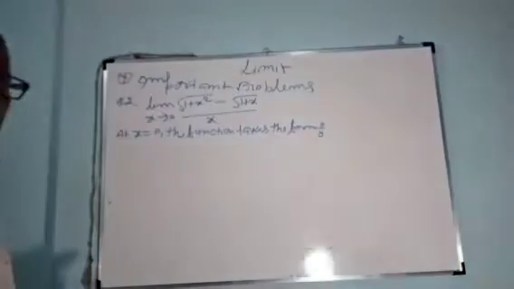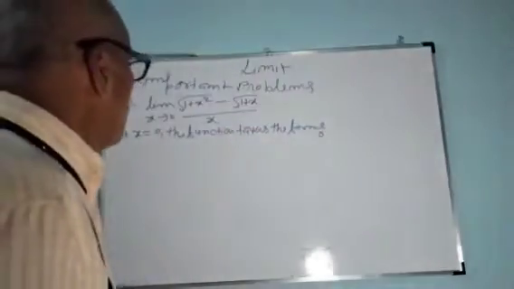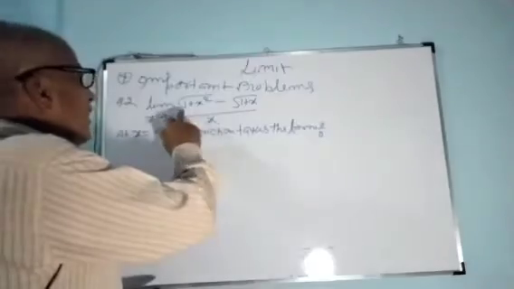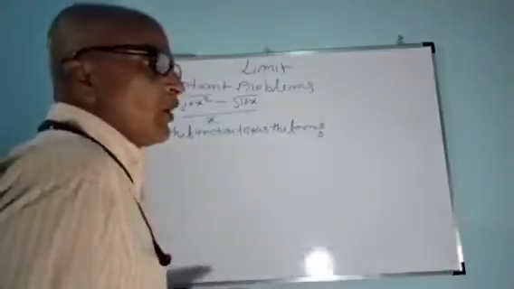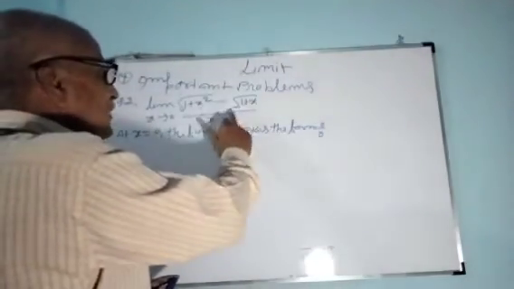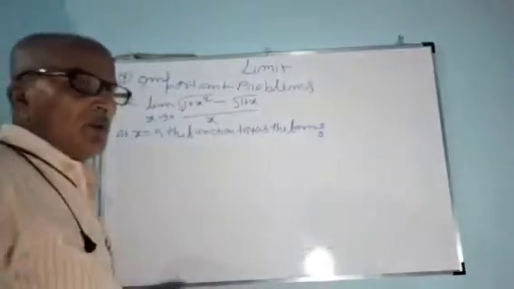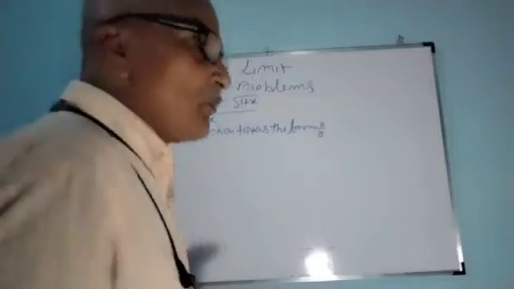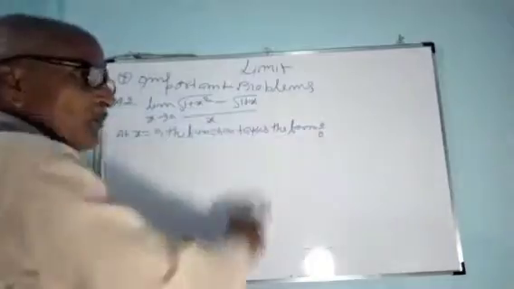In this situation, we multiply and divide the function by the conjugate of the numerator. Here the numerator is square root of 1 plus x square minus square root of 1 plus x. Then we multiply and divide by square root of 1 plus x square plus square root of 1 plus x. If there would be plus, then you would have to multiply and divide by the same with minus.